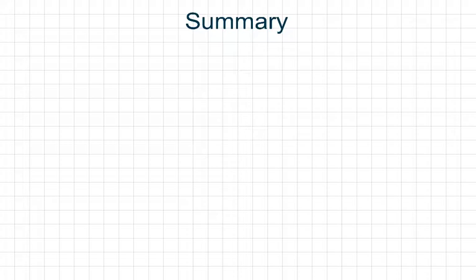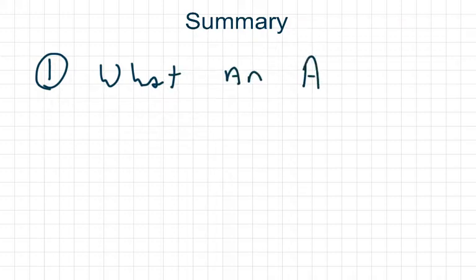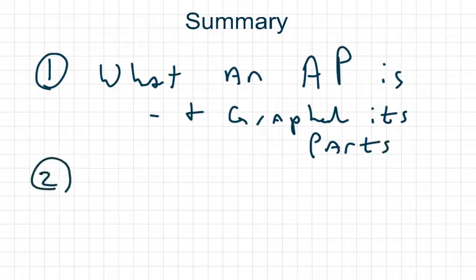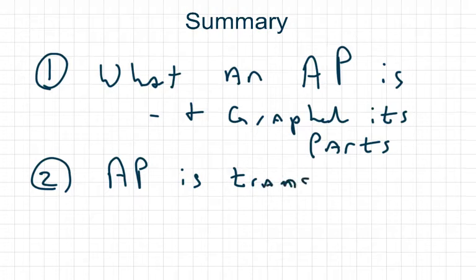So with this particular lecture, we covered a couple of different areas. The first was what an action potential is, and we graphed its parts. Secondly, we talked about how an action potential is transmitted within a neuron itself.